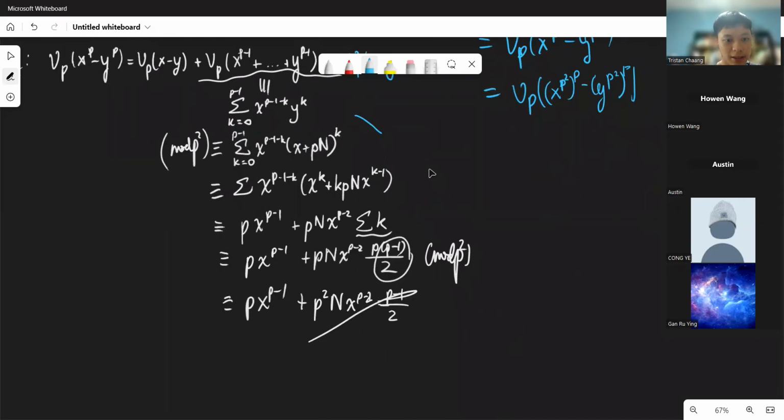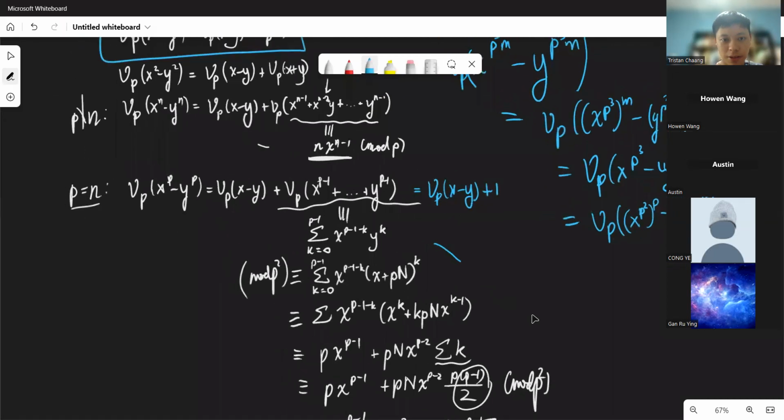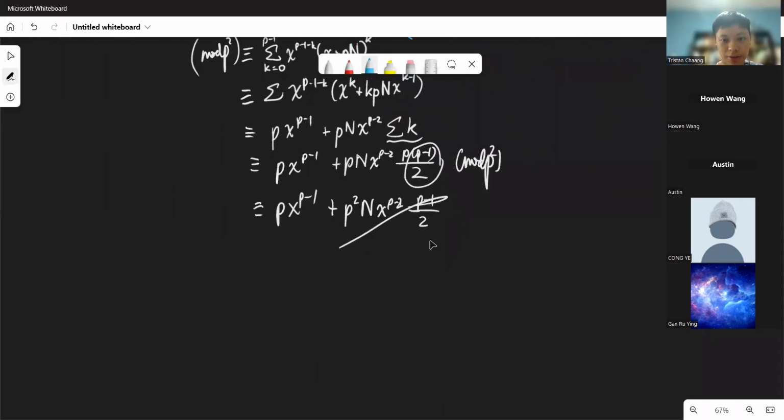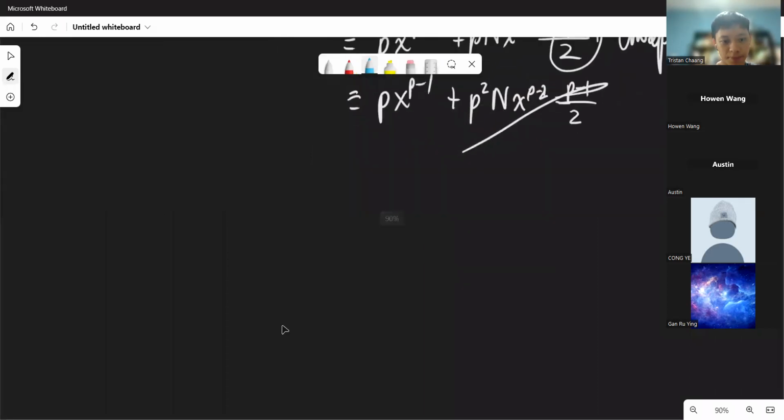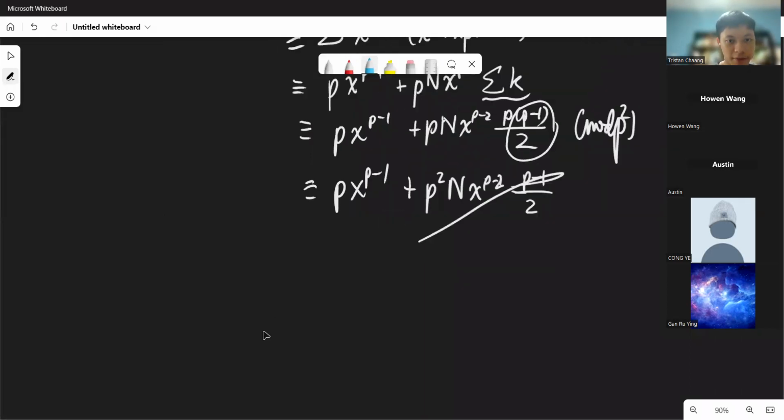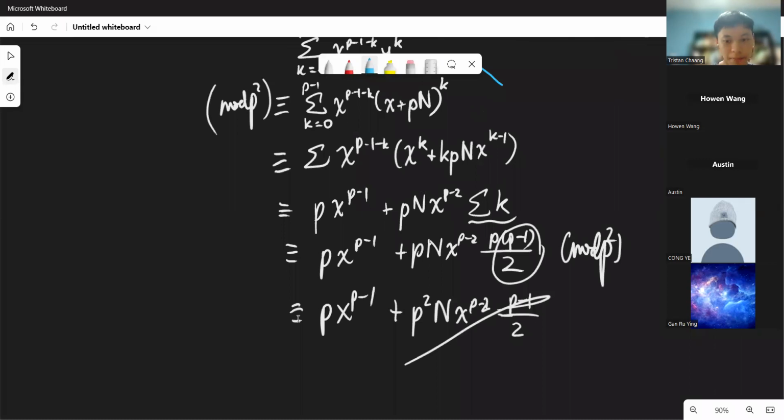Okay. So that one's okay. Now, if we're going to look at the p equals 2 case, it's slightly more complicated, but also at the same time, I hope everyone can follow it. So let's just look at theorem 3.